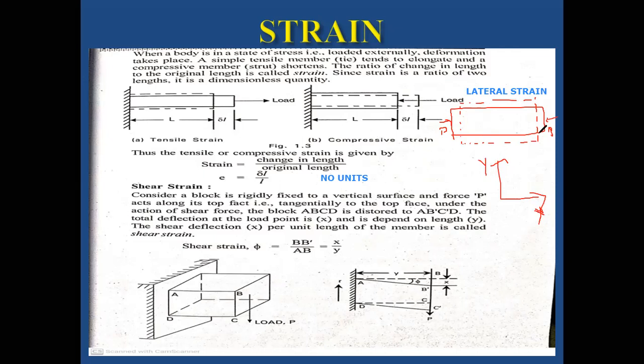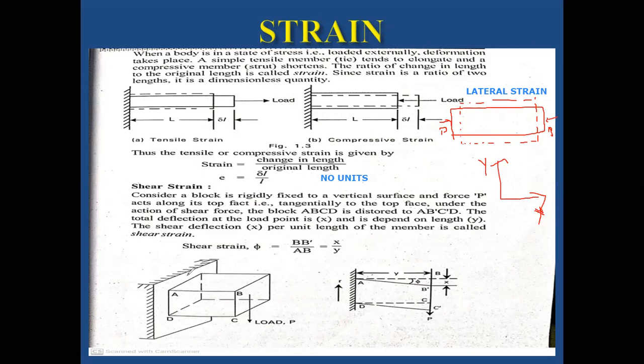If there is a change in length, we consider it a linear strain. If there is a change in diameter, we consider it a lateral strain. So strain has no units. These two are the linear strains, tensile strain and compressive strain, under the category of linear strain. This is the lateral strain.